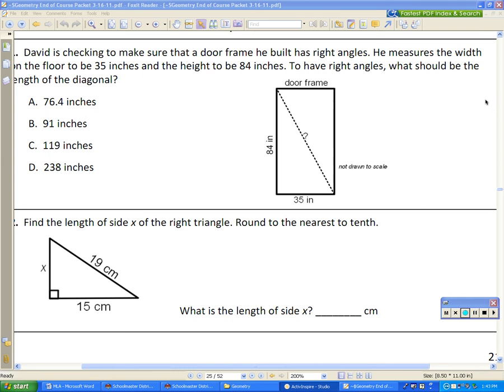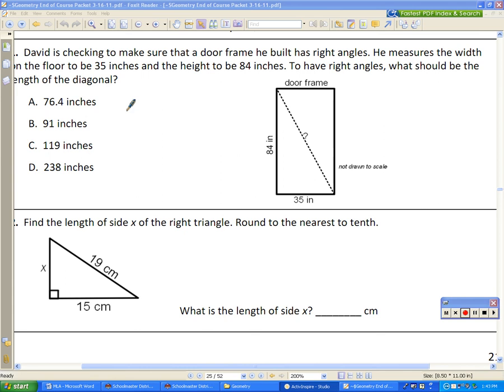Shake it, Jonathan. All right, it says David is checking to make sure the door frame that he built has right angles. He measures the width on the floor to be 35 inches and the height to be 85 inches. To have right angles, what should be the length of the diagonal? So how do we figure this out? Pythagorean theorem.